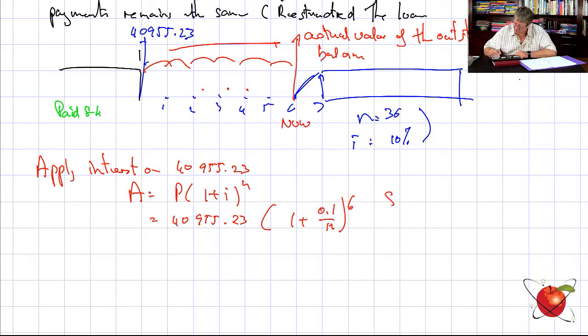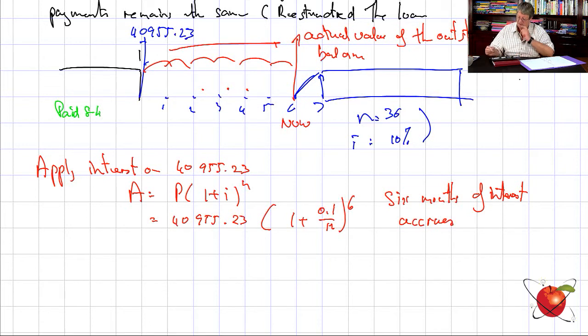In other words, 6 months of interest accrues. Because I can't say to the bank, I'm not going to pay you interest for that 6 months. I'm not paying them anything. Therefore, they have a right to charge me interest on that money.